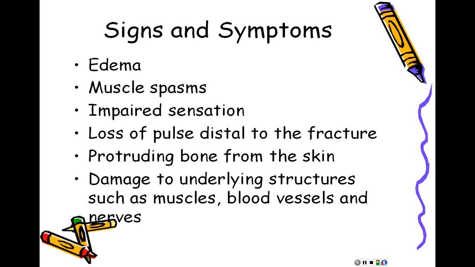So if they have a fracture maybe in the upper arm, then when we go to assess the radial pulse, the person is possibly going to have a loss in that pulse. There may be protrusion from the skin. Again, it depends on the type of fracture, and there may be damage to underlying structures such as the muscle, the blood vessels, and also the nerves.